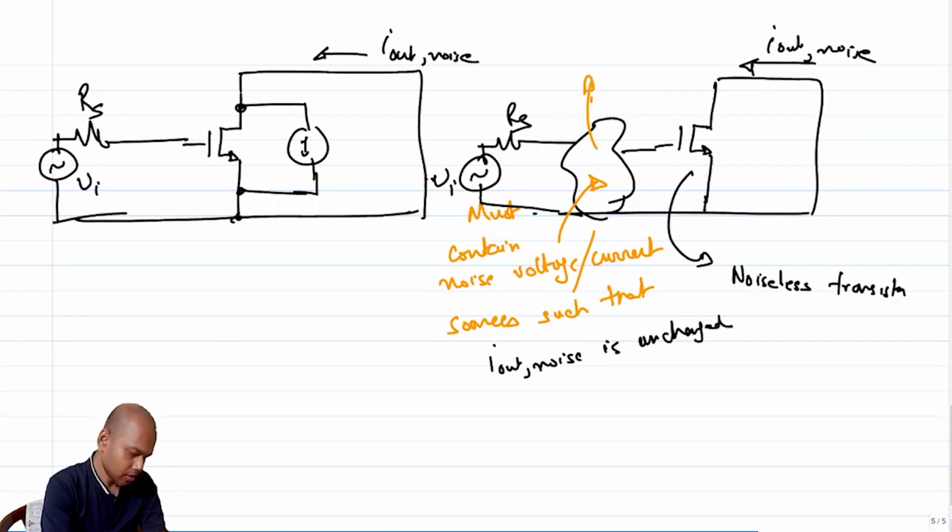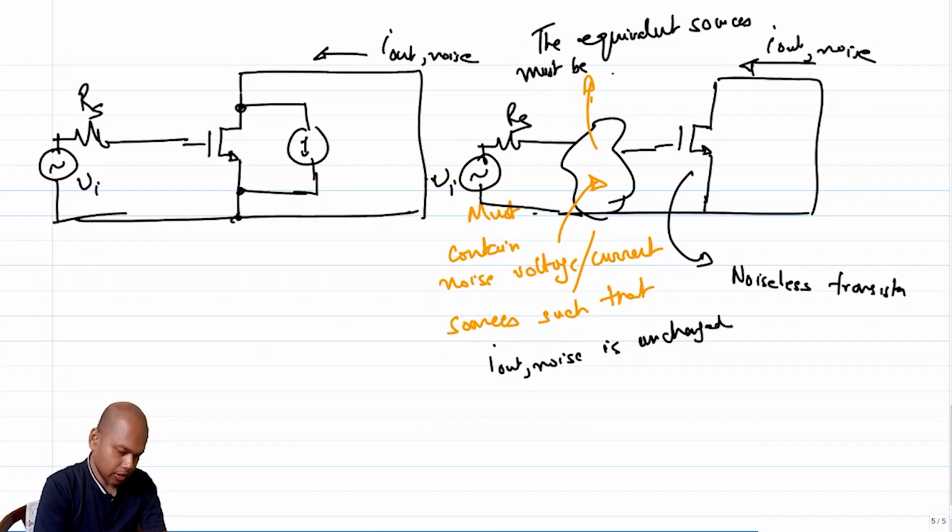Again, another thing is the equivalent sources must be independent of RS or VI.